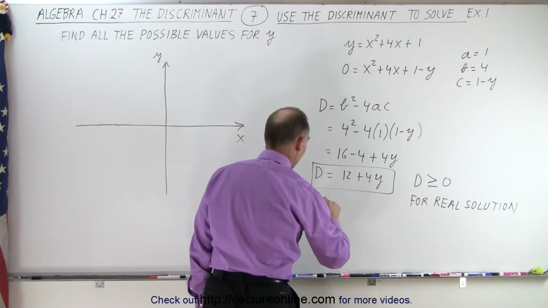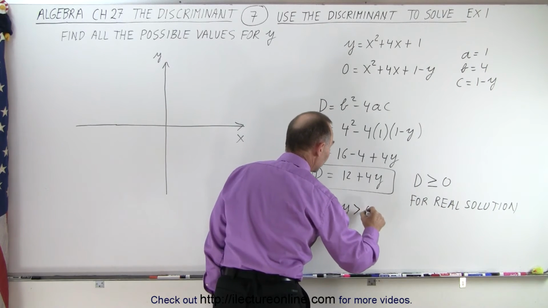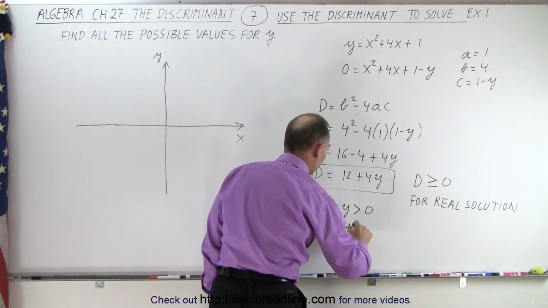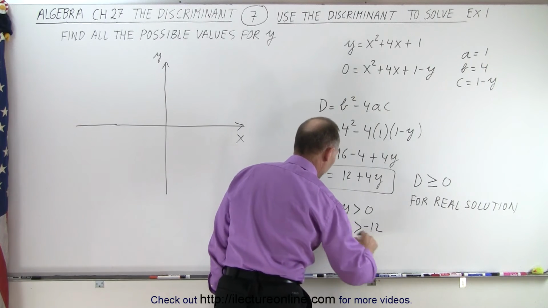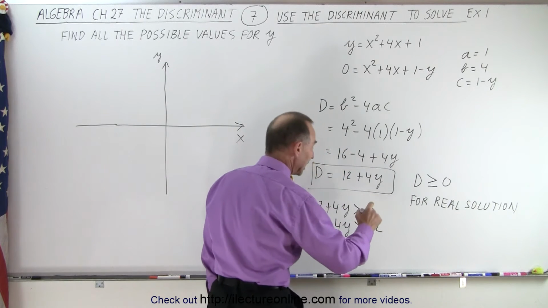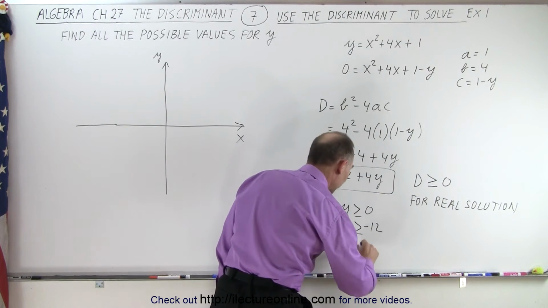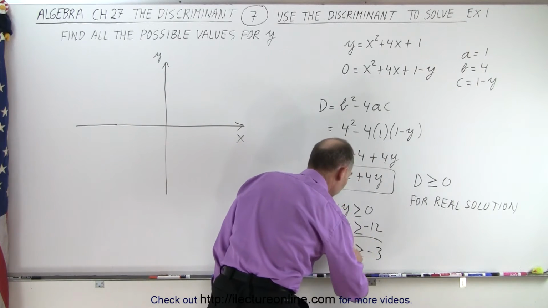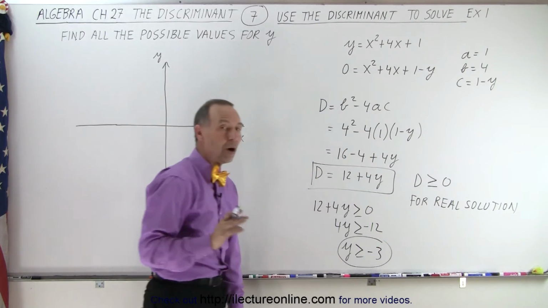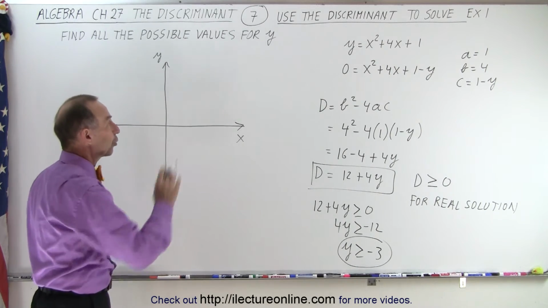In other words, 4y must be greater than or equal to negative 12, or dividing both sides by 4, y must be greater than or equal to negative 3. So there's the restriction. All values for y, negative 3 or greater, are valid for this equation.